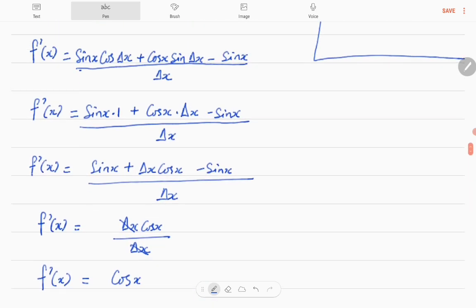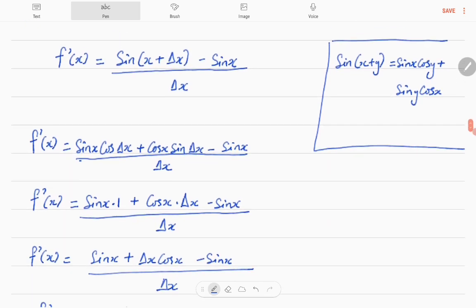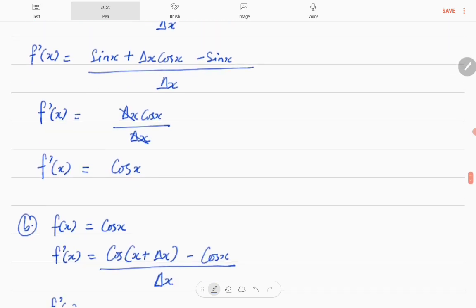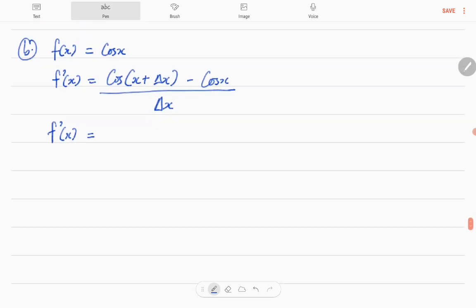Still applying the half angles, cos of x plus y is equal to cos x cos y minus sin x sin y.